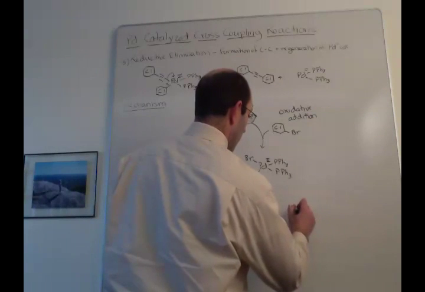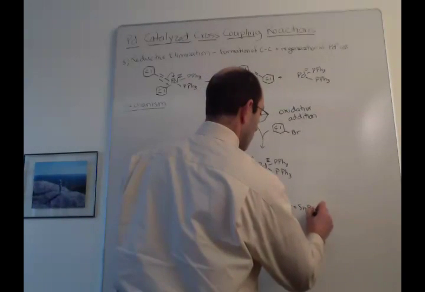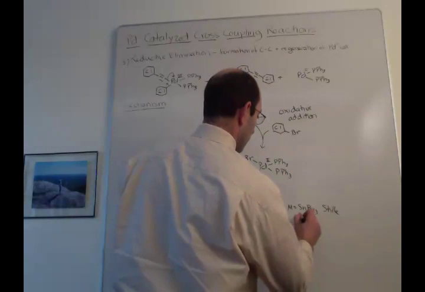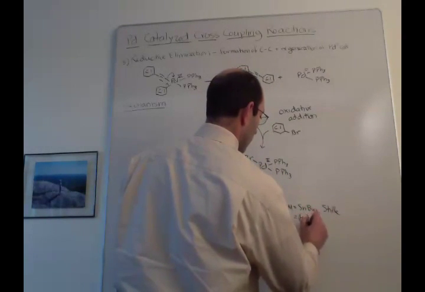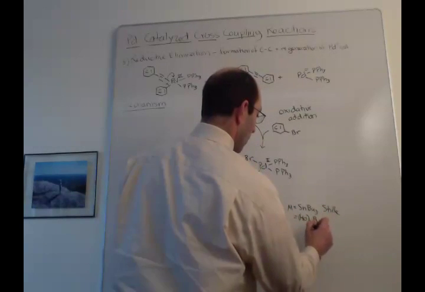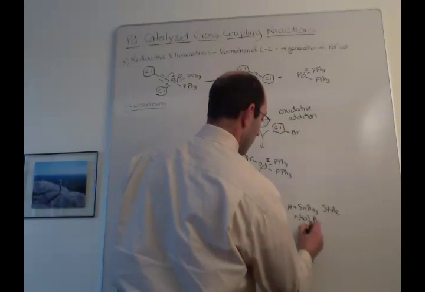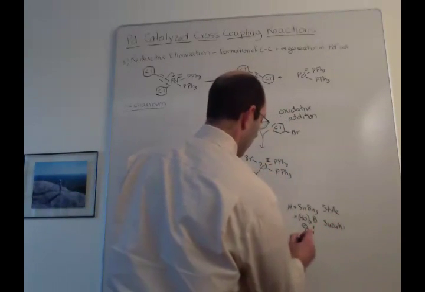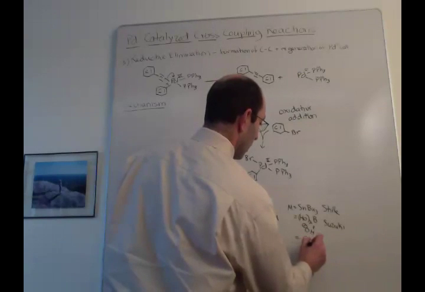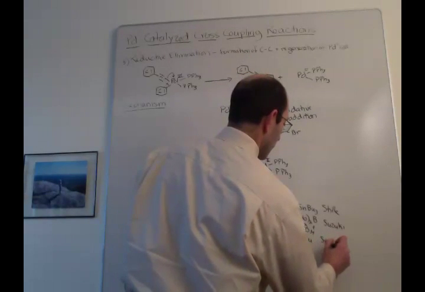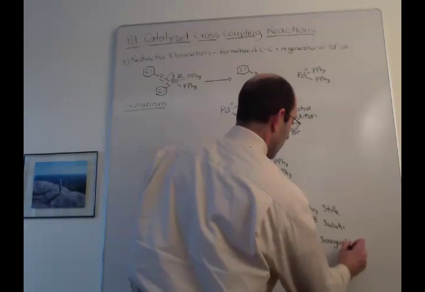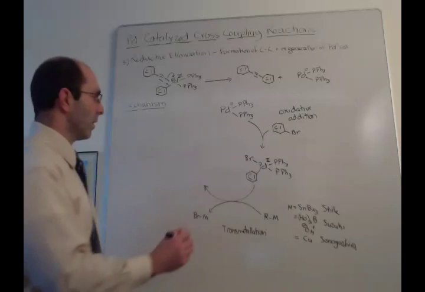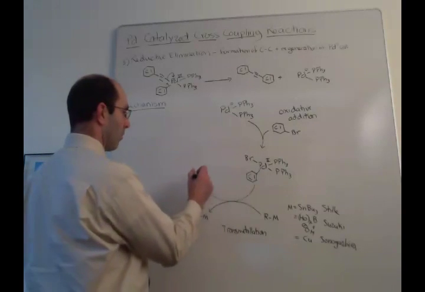But just to be clear, M equal to tributyltin is Stille. M equal to boron, plus hydroxide, is Suzuki. And M equal to copper is Sonogashira. This will replace bromine with the R group.